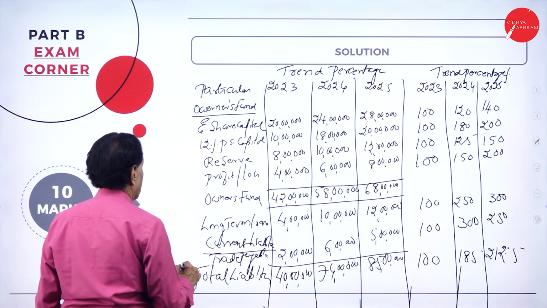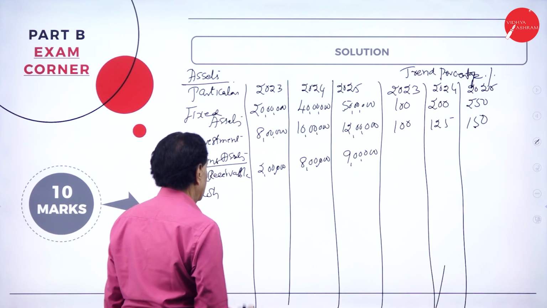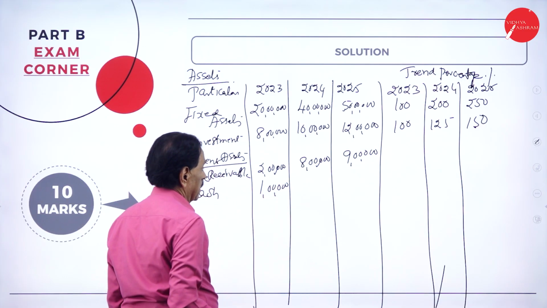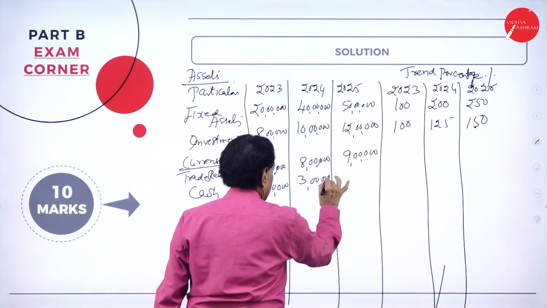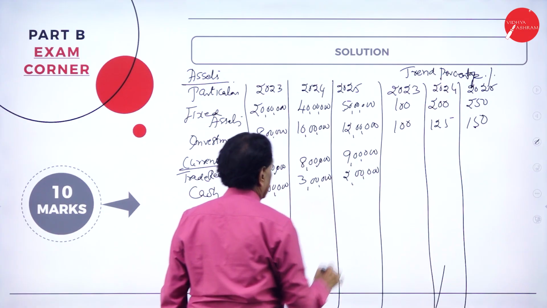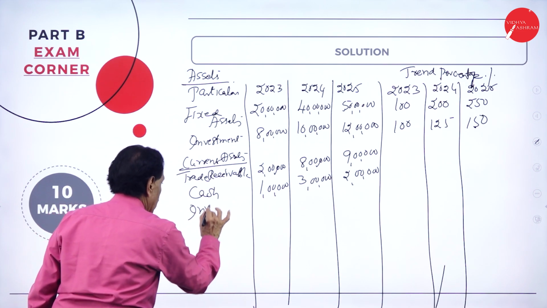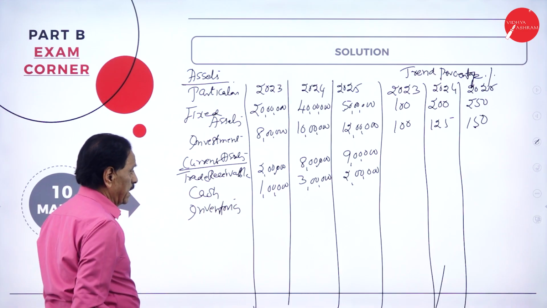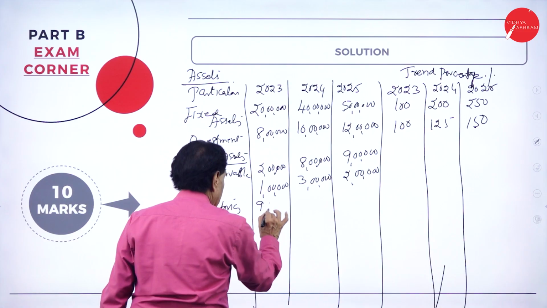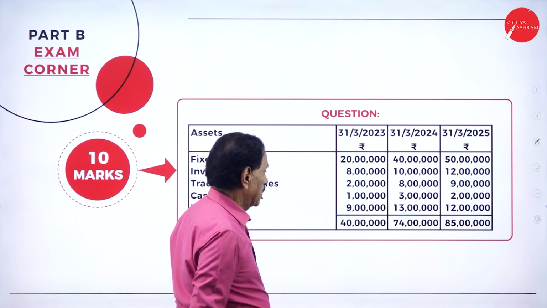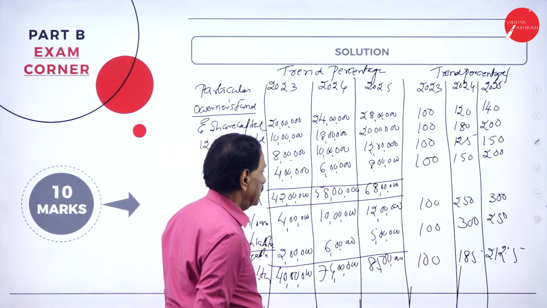Cash: 1 lakh, 3 lakh, 2 lakh. Last one, inventories, nothing but stock: 9 lakh, 13 lakh, 12 lakh.